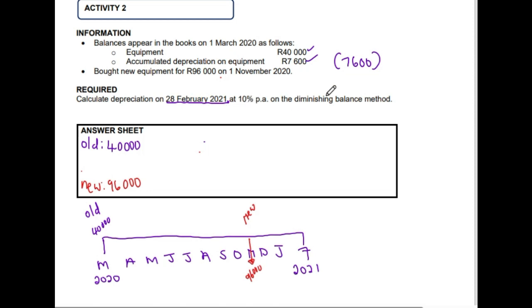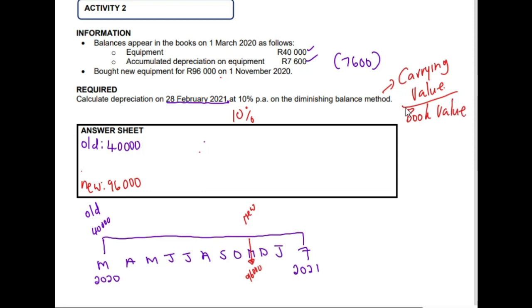at 10%. So now we know we are going to use a rate of 10% per annum on the diminishing balance method. As they told us about the diminishing balance method, we are going to use the carrying value, not the cost price. The carrying value is also known as book value.